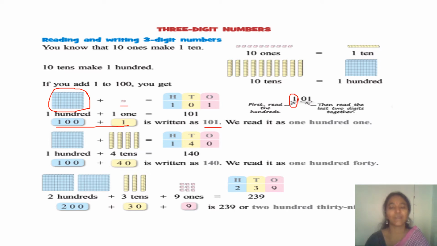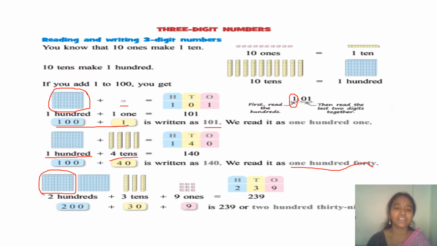It is 101. Now see here, 100 small squares are there, and how many tens are there? 4 tens. Okay, so how will you read this? 140.